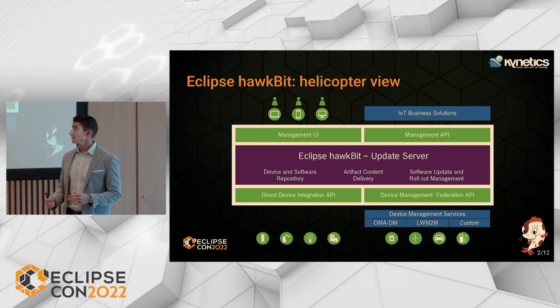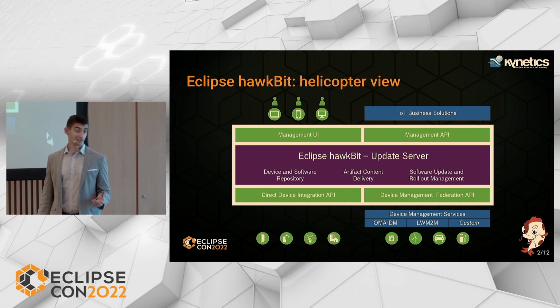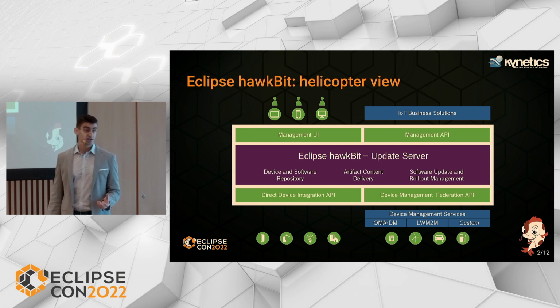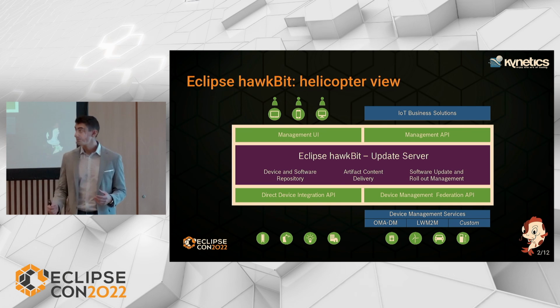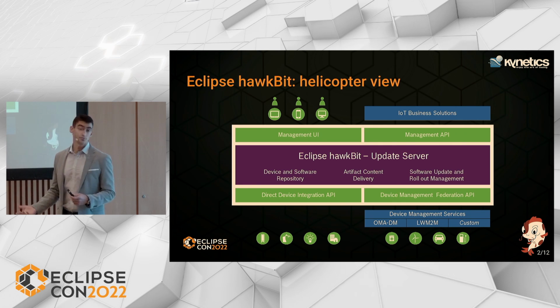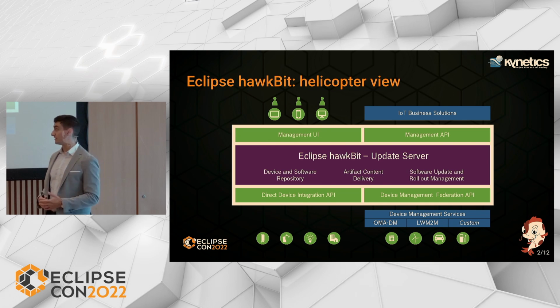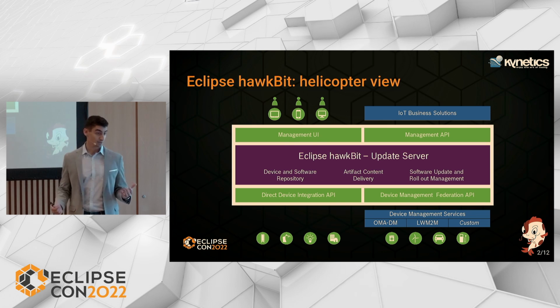So hawkBit mainly provides an update server with functionality to upload and download update files for the devices. Now, a device in hawkBit can be actually anything from a very small embedded device to a more powerful controller. It also provides features for rollout management, for example, so that we can decide and choose which devices we want to update, for example, to implement Canary update.